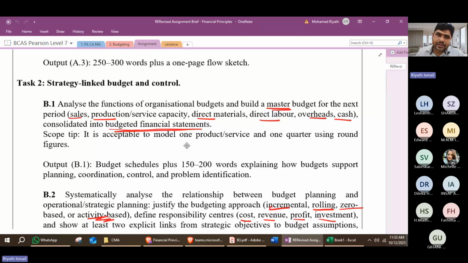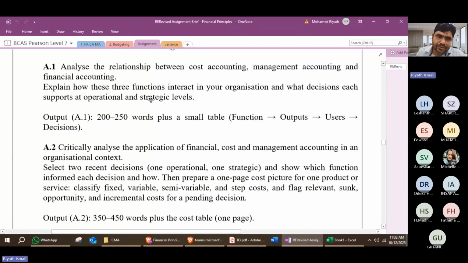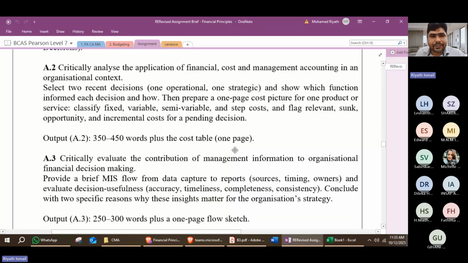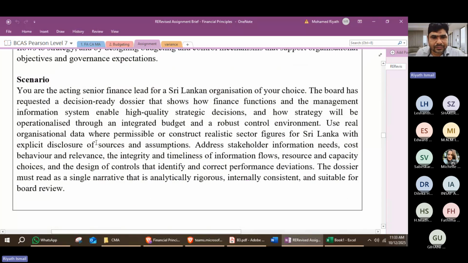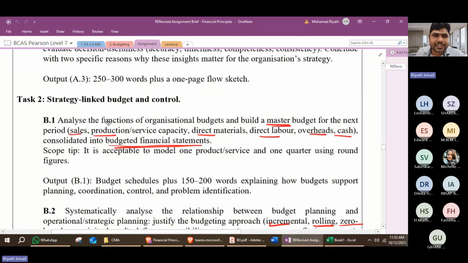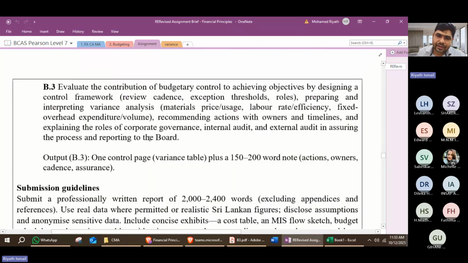If you choose a chemical manufacturing company in A1, you have to write your answer in that chemical manufacturing firm, because the scenario is one. For one scenario, you write answers for task 1 and task 2, each task having three assessment criteria. So be very careful.